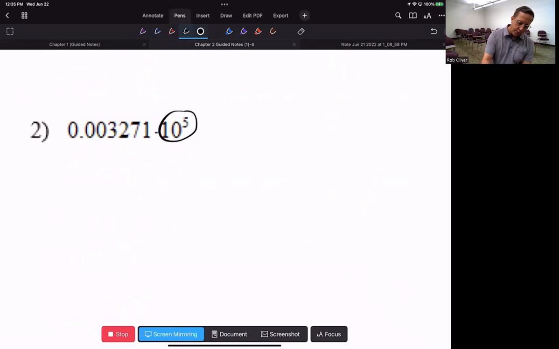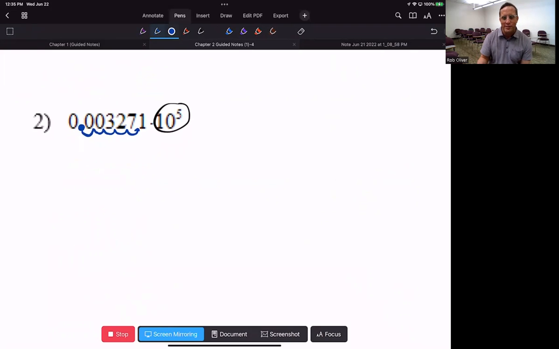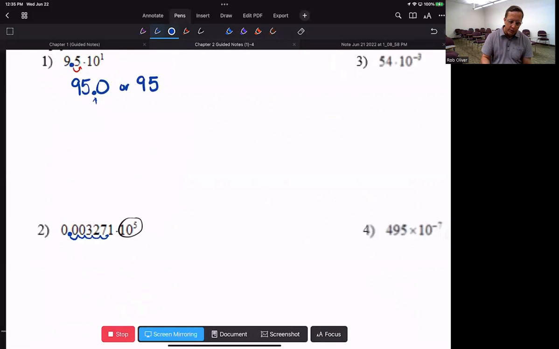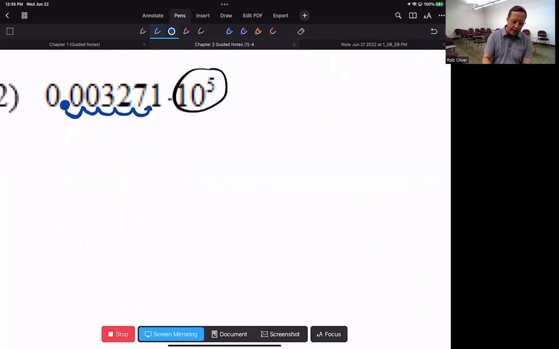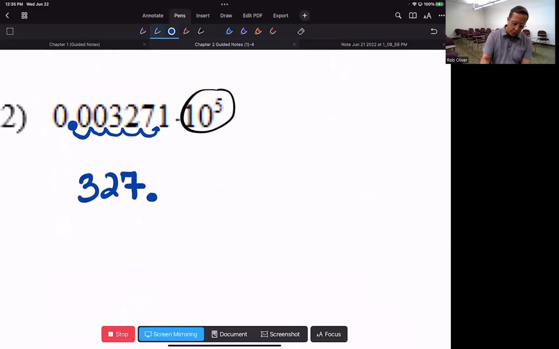So this decimal right here is going to move 1, 2, 3, 4, 5. So now it's between the 7 and the 1. In this case, we're just converting it into standard notation. We're taking it out of scientific and putting it into standard. So that becomes 327.1. That's where the decimal is now.